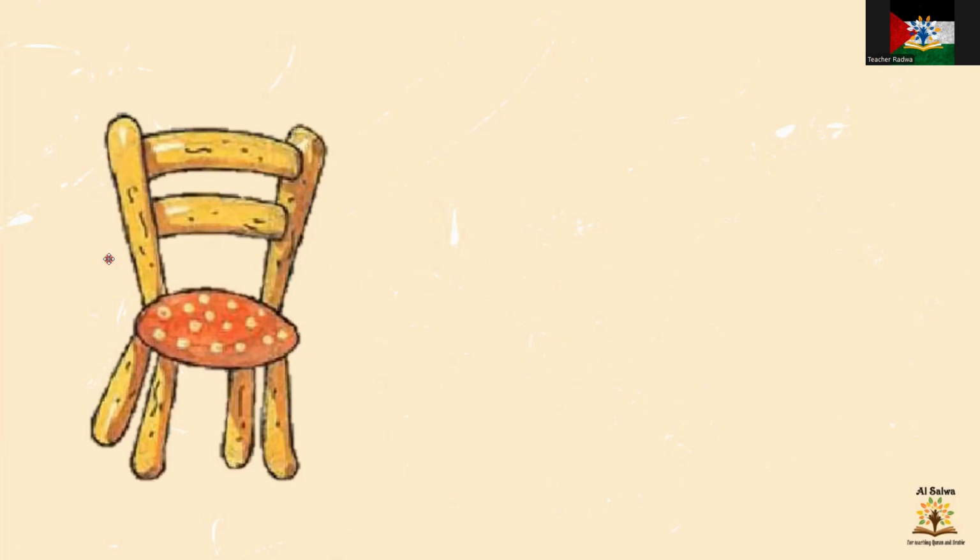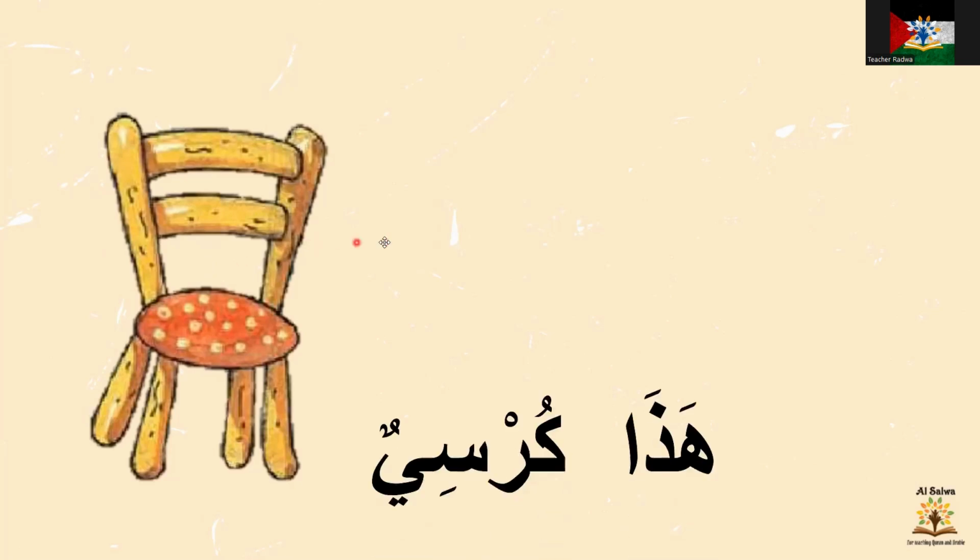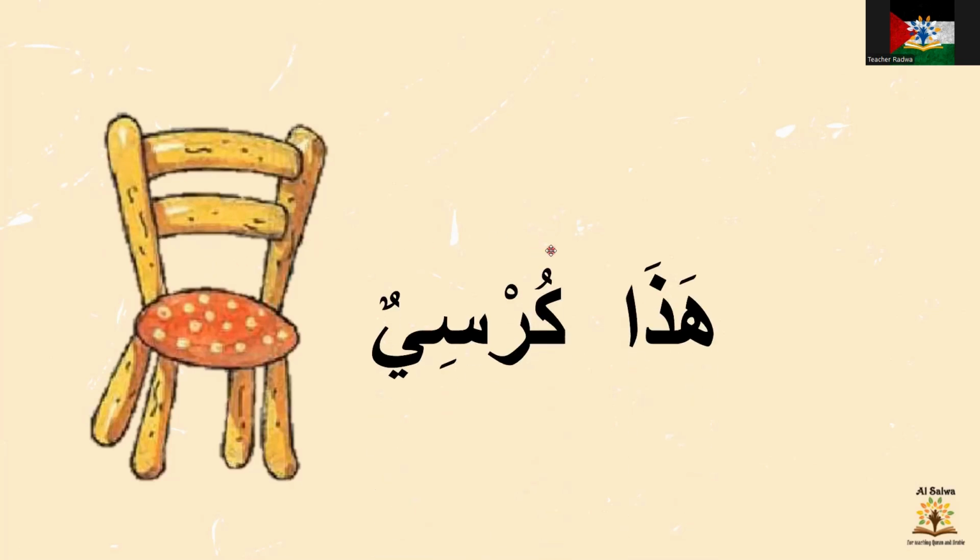If we want to point at it and say, this is a chair, what should we say? هذا كرسي. Good job.